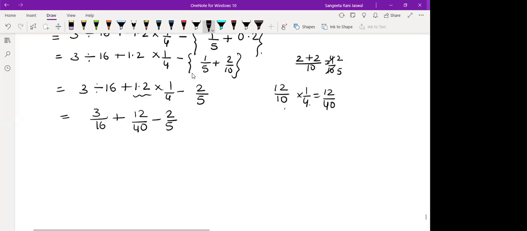Okay, so what we will do, we will take the LCM of this. What is the LCM of this? Tell me the LCM of this. Do it in your notebooks and tell me.